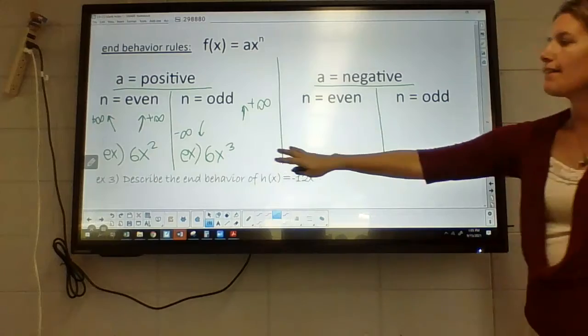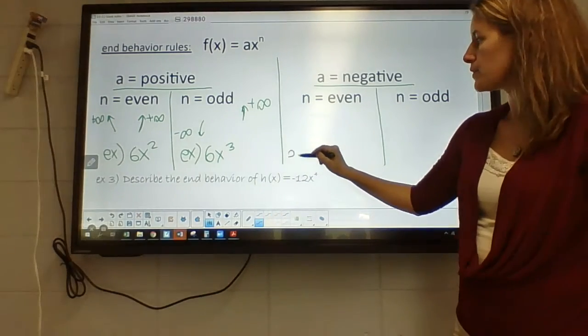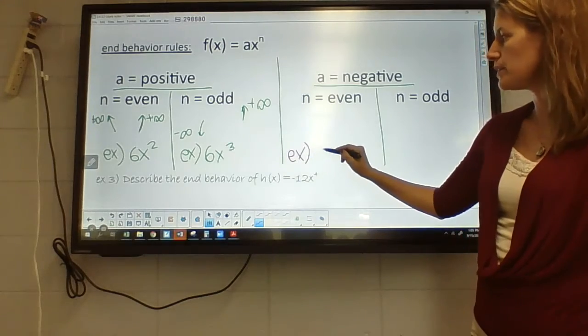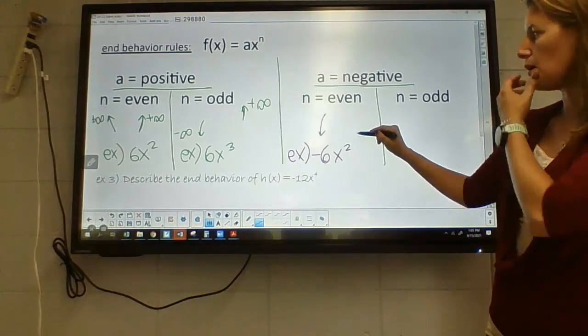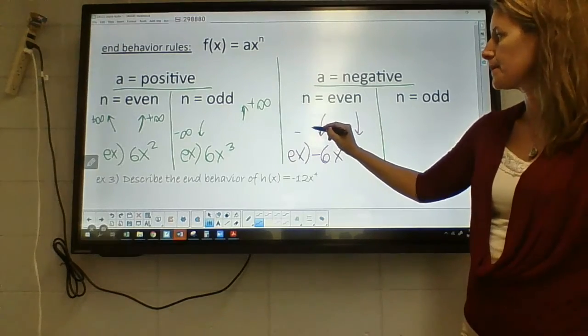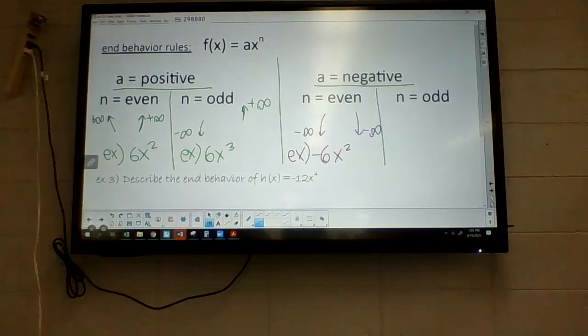Now when the A value is negative, it just flips this over. So if I use these same examples, so a negative 6x to the second, now it's going to go down, down. So the graph is going to go down.